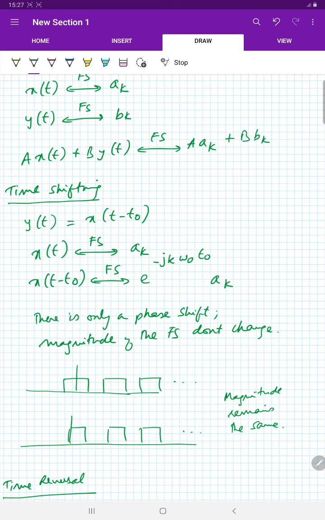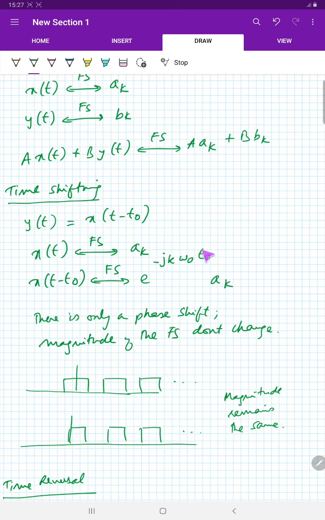Basically what this means is that if x of t has a Fourier series representation a k, a time shifted version of x of t will have the same magnitude of a k, but will have an additional phase term.